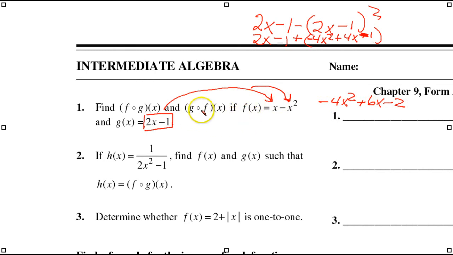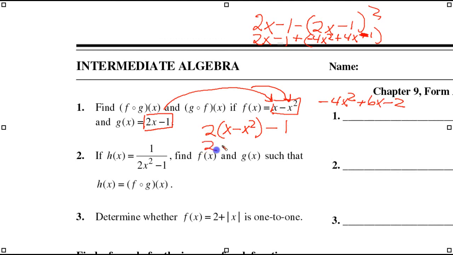Now for the reverse of this, where we're doing g of f, this is what our x is. So it's going to be 2 times this, which is x minus x squared minus 1.